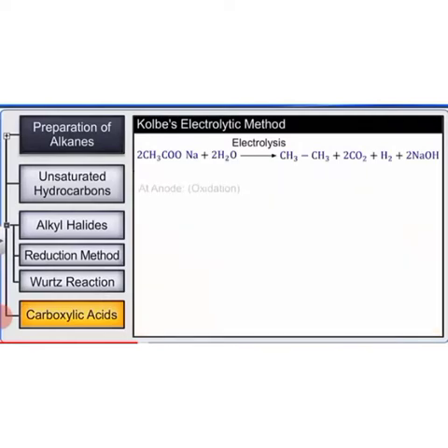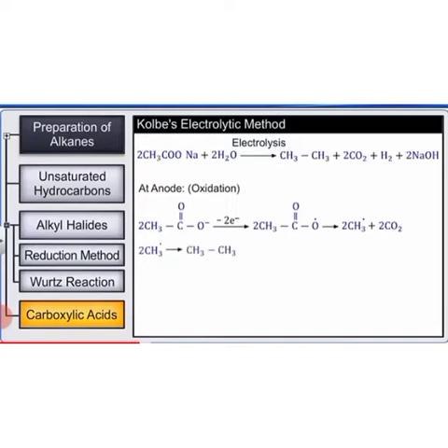At anode, the acetate ions in the solution lose electrons at the anode and form acetate free radicals. The acetate free radical loses a carbon dioxide molecule and thus forms methyl free radicals. The methyl free radicals further react and form ethane gas.